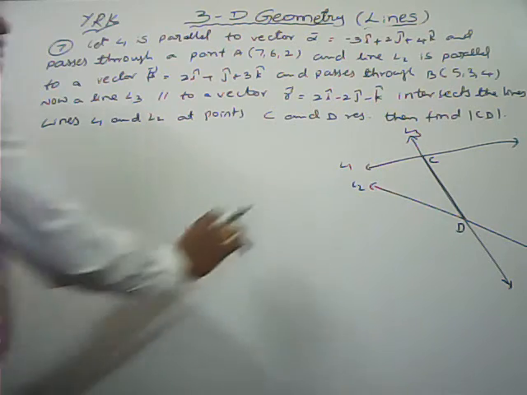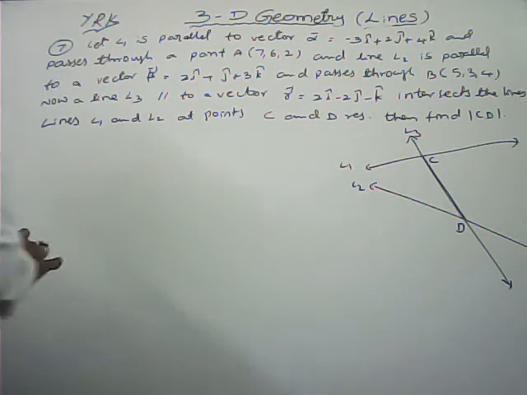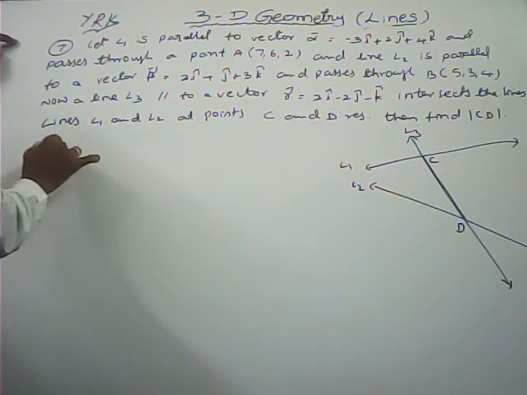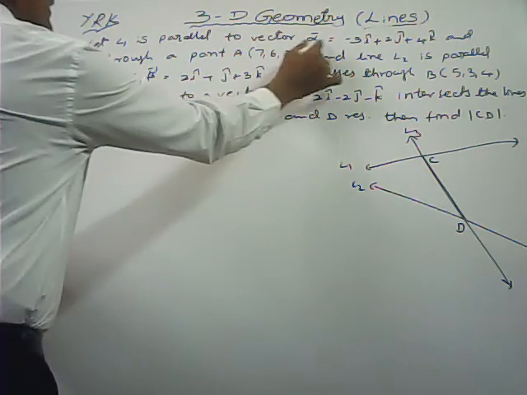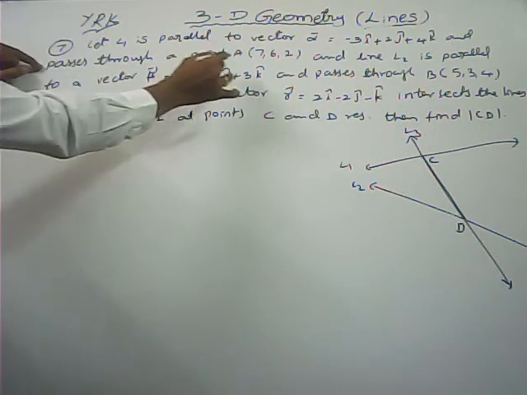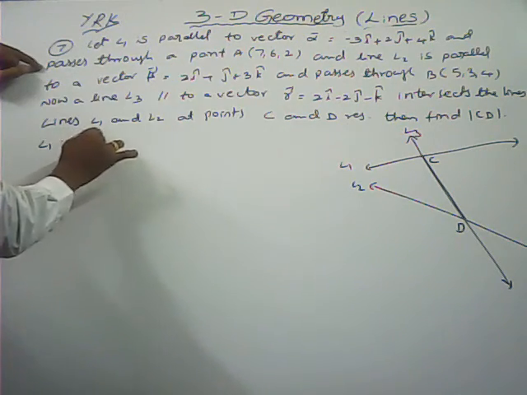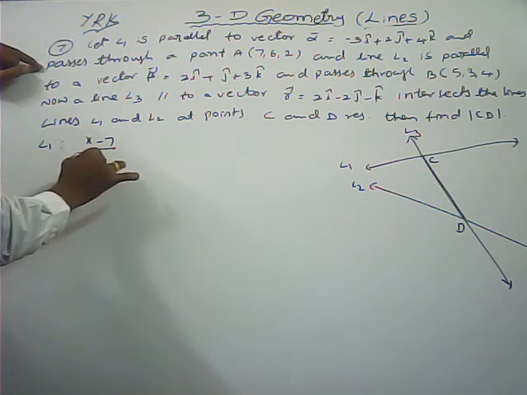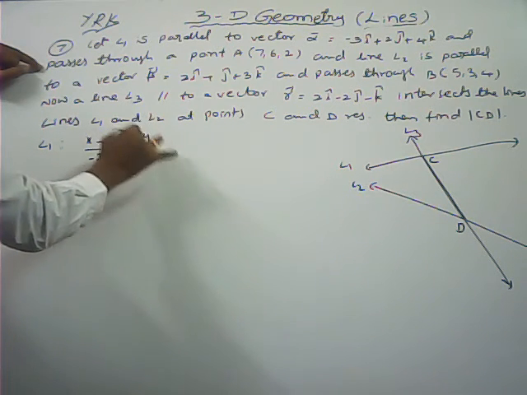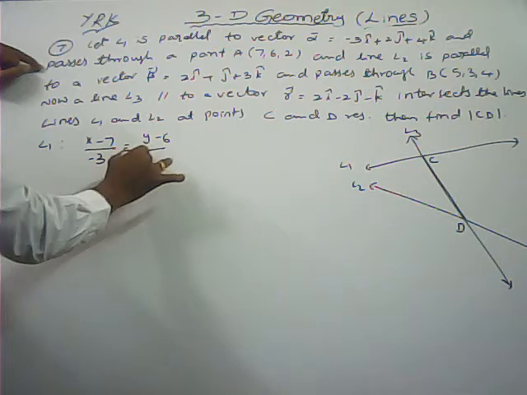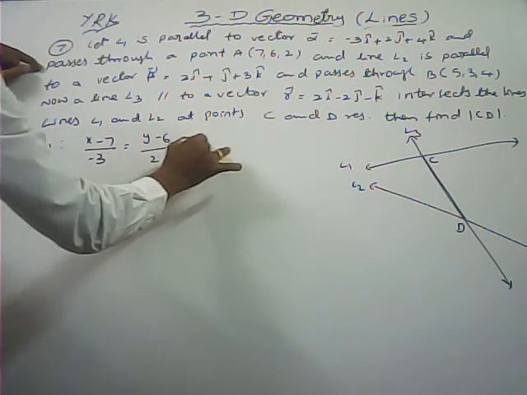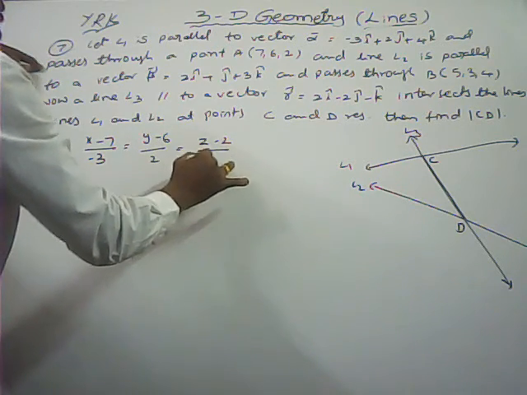Next, here the L1 line is given. What is the equation of the line L1? Parallel DRs are given and it passes through the point (7, 6, 2). So (x minus 7) by minus 3, (y minus 6) by 2, that is equal to (z minus 2) by 4.